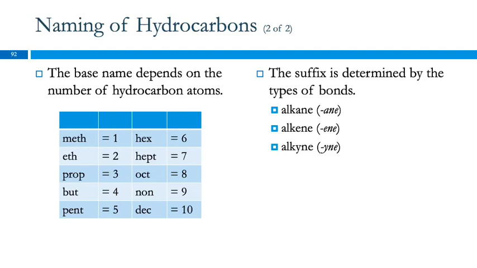So where does the base name that tells the number of carbons come from? Well, here's a table showing them. There probably should be something up here at the top of the table, but there isn't. So ignore the first four for now.